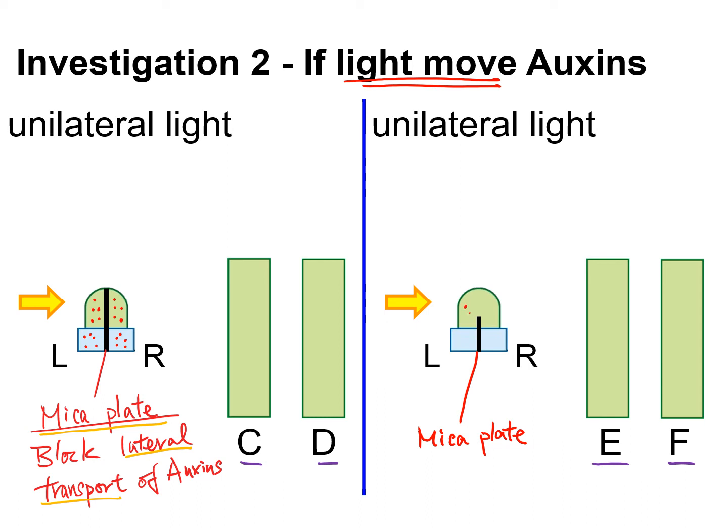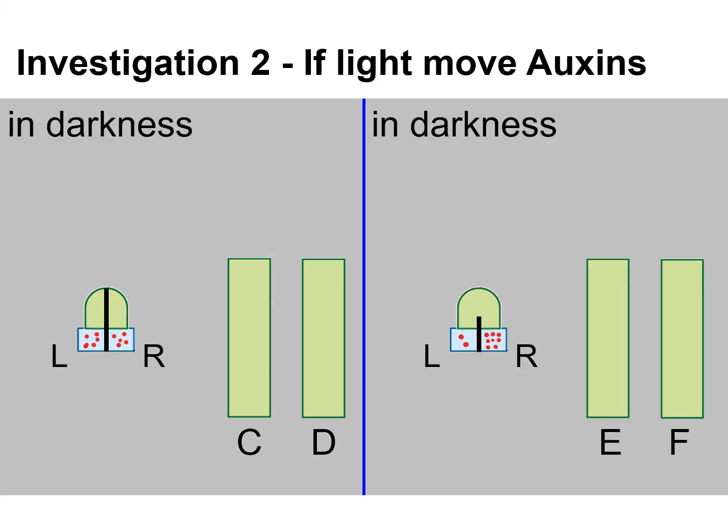On the left-hand side, there will be less auxin. And therefore, there should be a smaller amount of auxin in the agar on the left, while more auxin in the agar on the right side. The agar blocks are then put on top of the coleoptile.